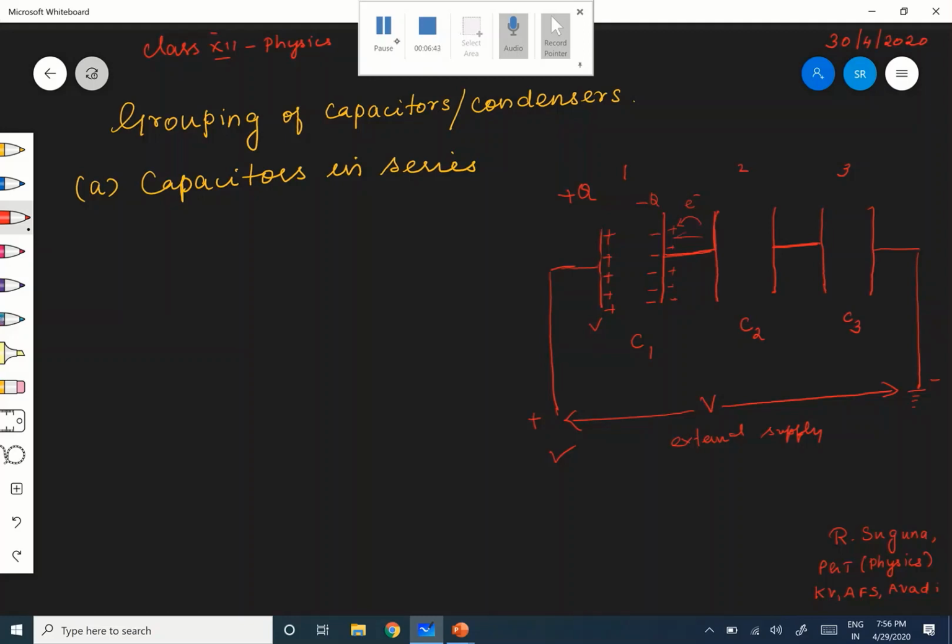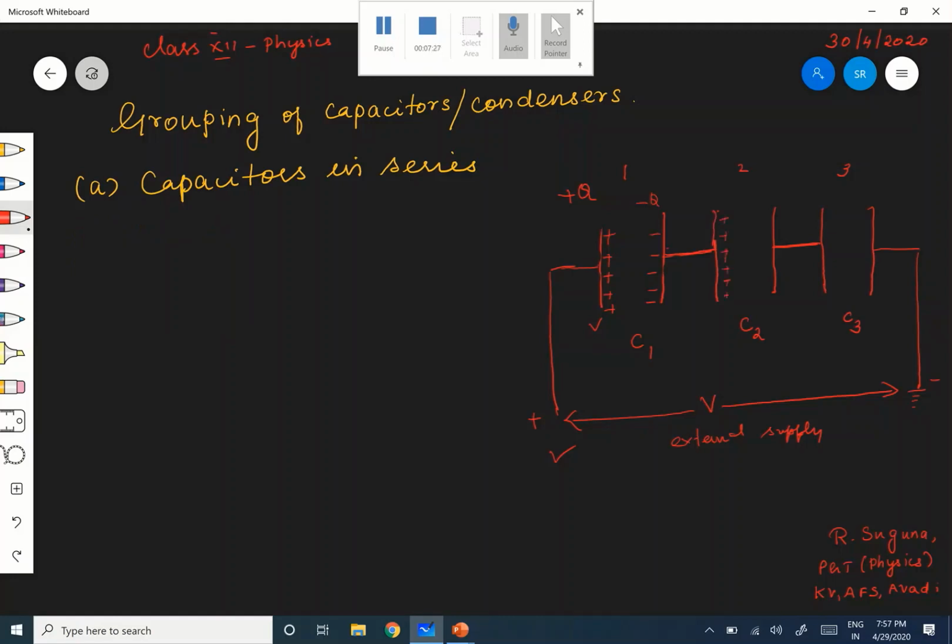Positive 5 here means 5 units of electrons will come there. Because of that, this positive charge is nullified. Since the electrons have gone from the left plate of the second capacitor, it becomes positive, which means the left plate of the second capacitor will also become positive. Correct?